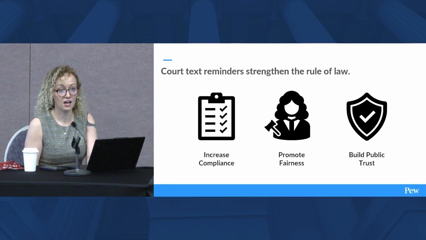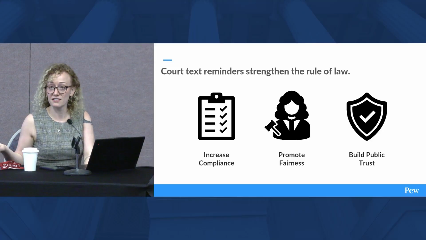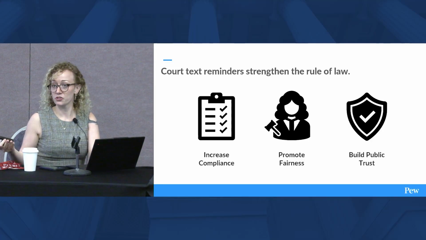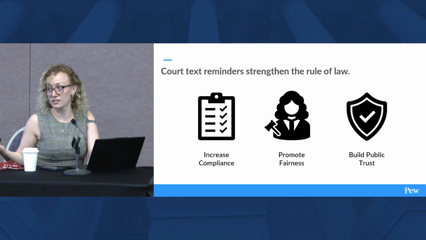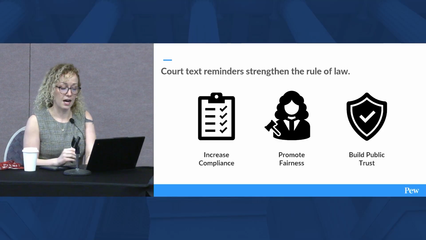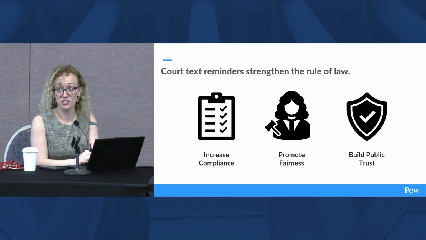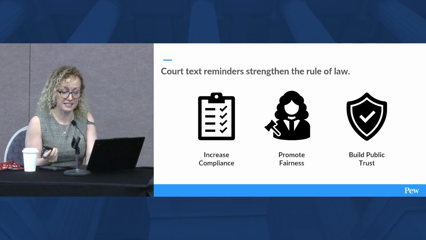When folks are arrested, let's say for missing a hearing in an ordinance violation case where they were cited for driving without insurance, that erodes public trust in our courts as institutions, and thereby erodes the rule of law generally. And finally, reminders improve consistency.